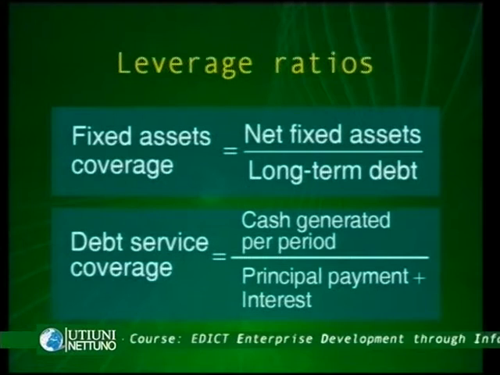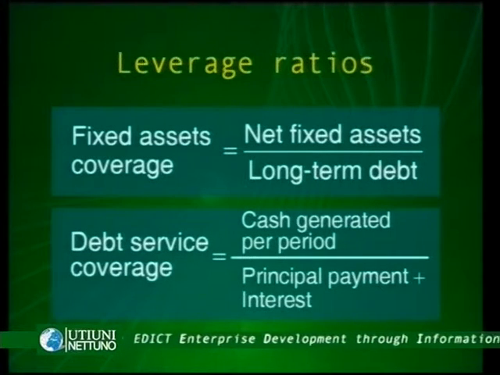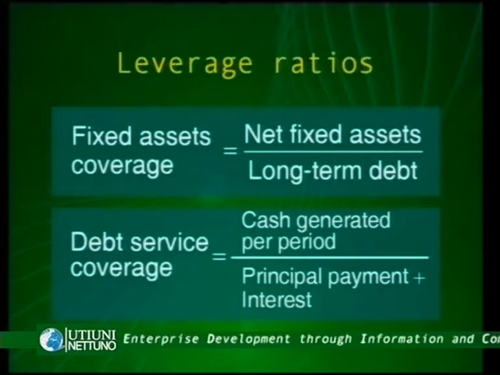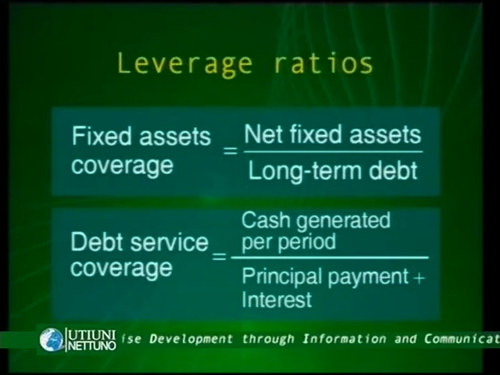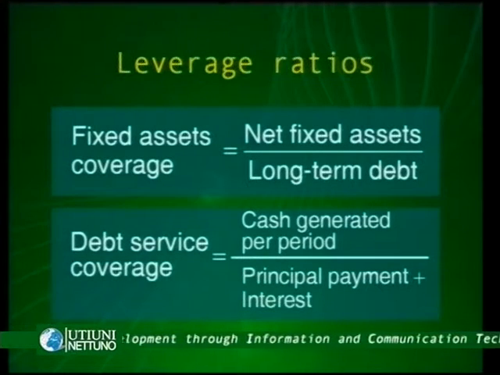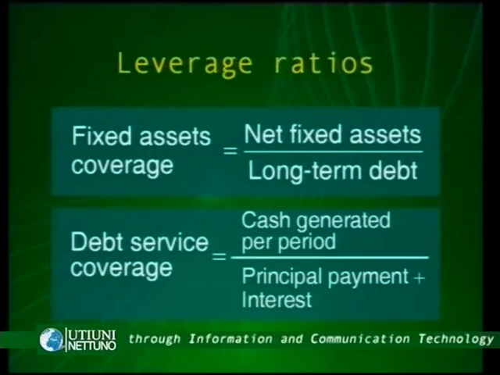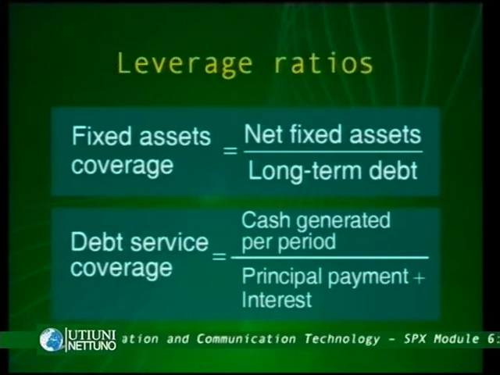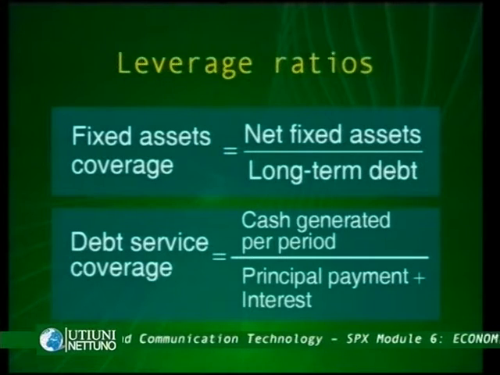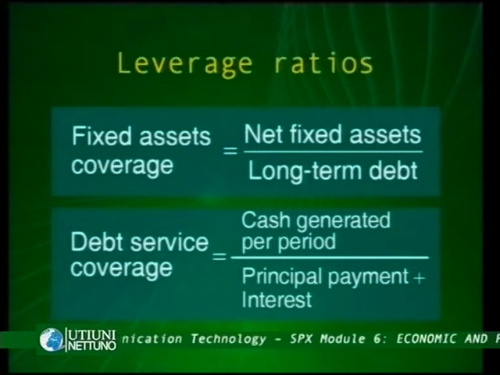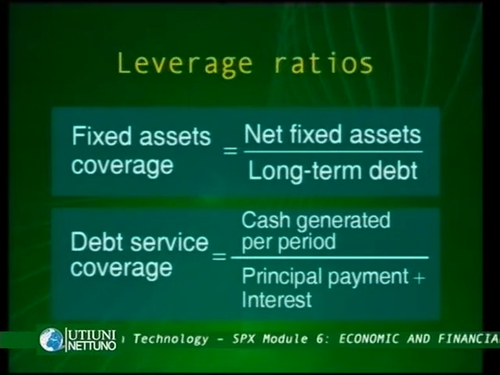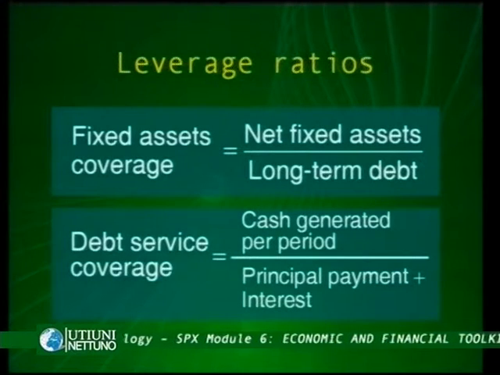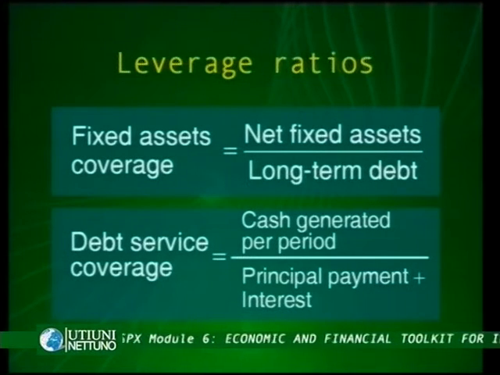Finally, we have the fixed asset coverage and debt service coverage, which are the last ratios that we will analyze in this class. They are mainly aimed at understanding whether the debt structure is consistent with the asset structure or with the cash flow generation of the project.